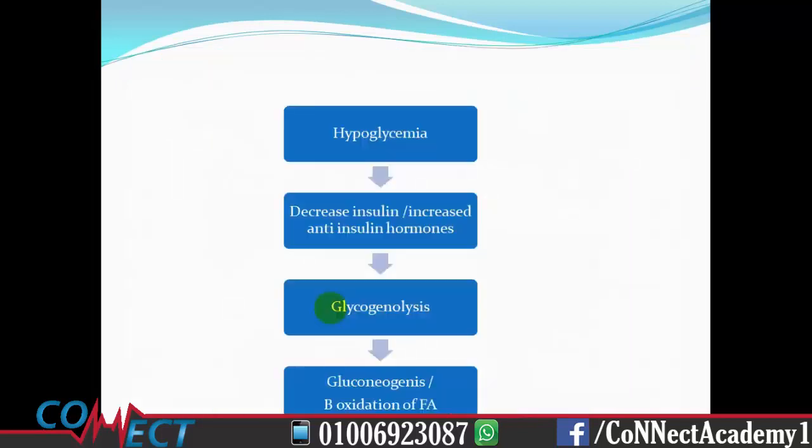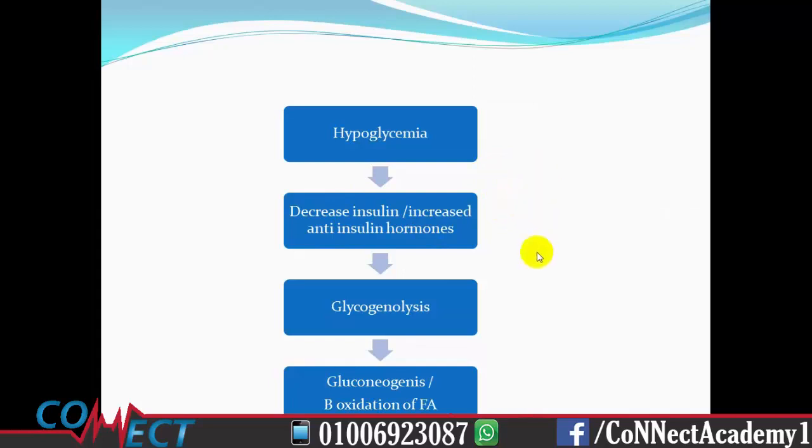So why does the child become hypoglycemic? When the child becomes hypoglycemic, the insulin release is decreased accordingly, and the anti-insulin hormones are increased. The anti-insulin hormones are the glucagon, adrenaline and noradrenaline, and the cortisol.